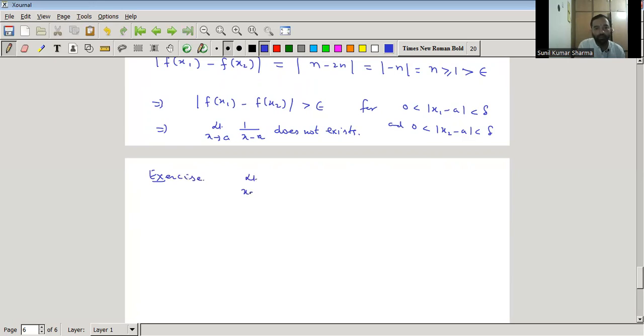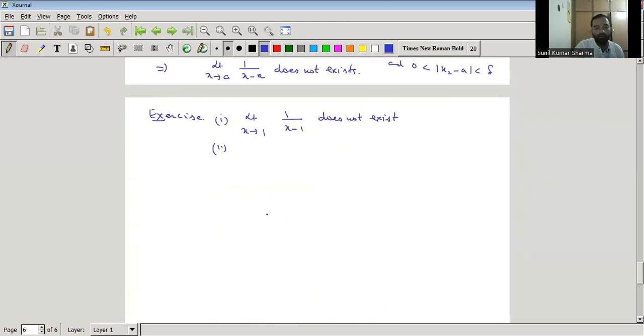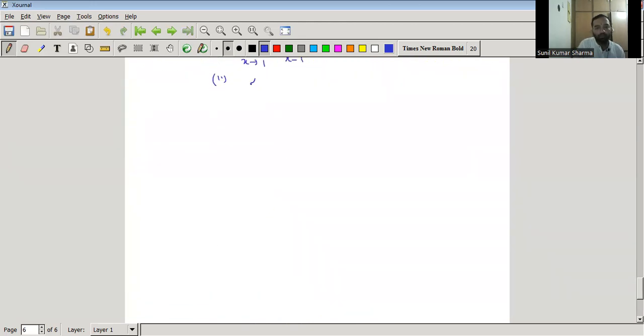So try these examples. This is an exercise for you. The limit as x goes to 1 of 1 upon x minus 1 does not exist. This is the first part. Second, the limit as x goes to 0 of sine 1 upon x does not exist.